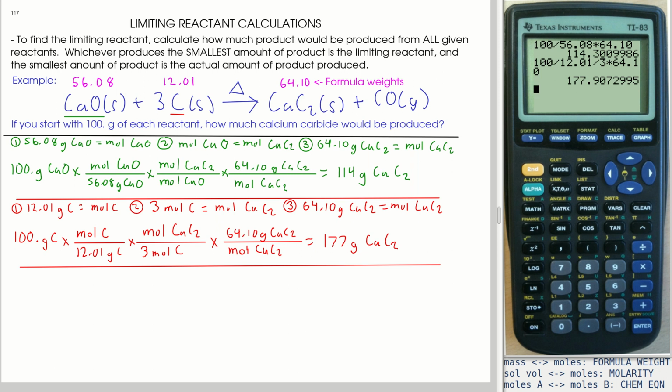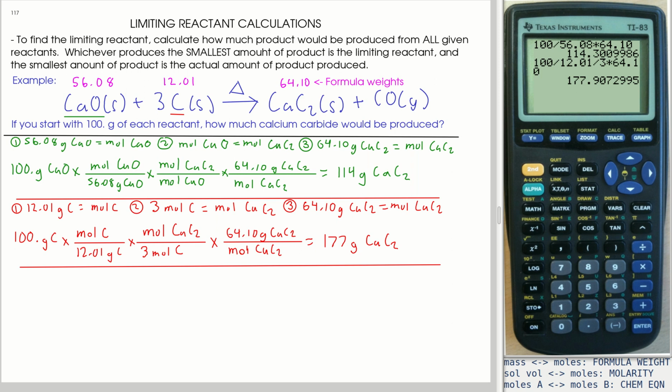After a little while later, you've made 100 grams of calcium carbide, and then 110, and then 112, 113, 114. And when you reach 114 grams of calcium carbide, then at that point, you literally don't have any more of the calcium oxide to react. So the reaction has to stop there. All the calcium oxide is gone.